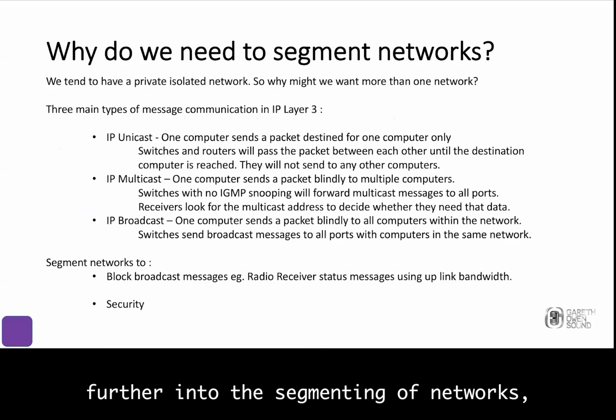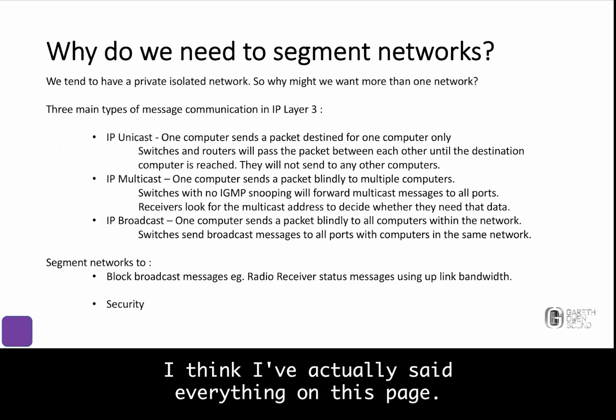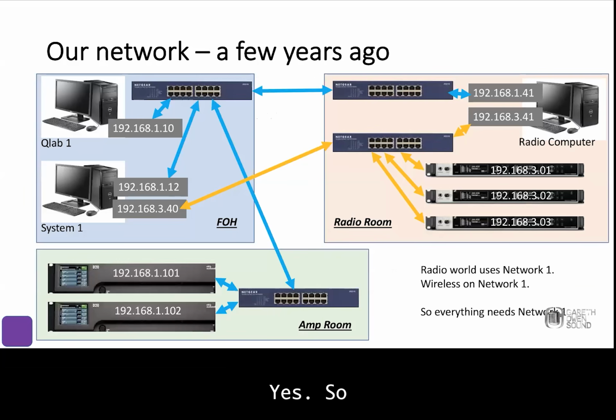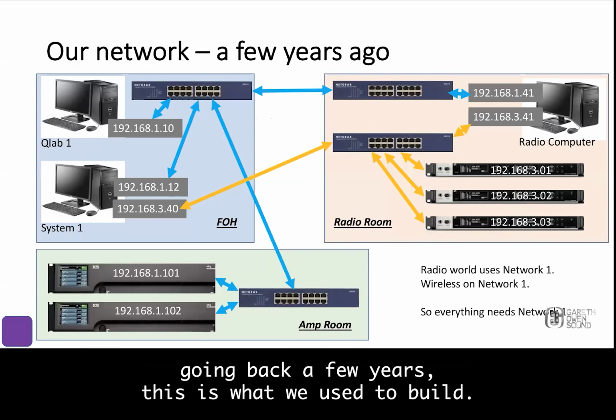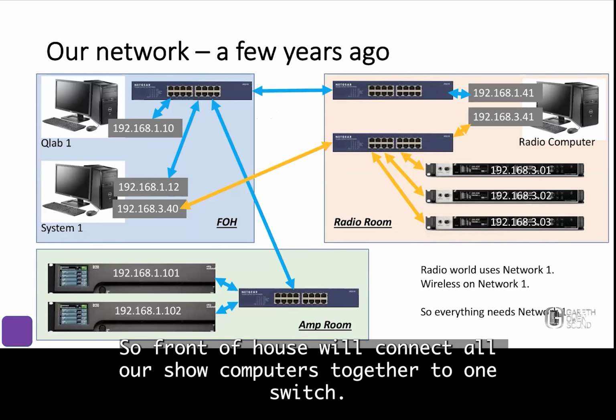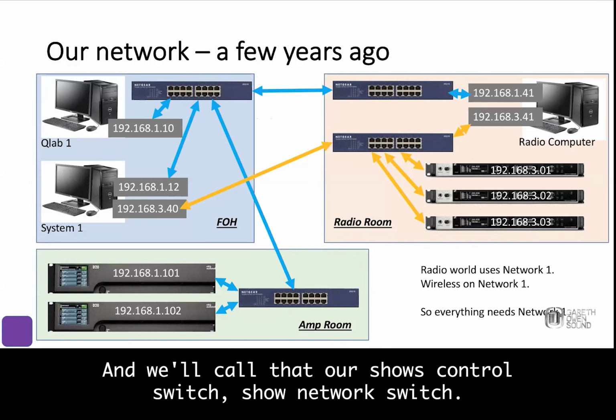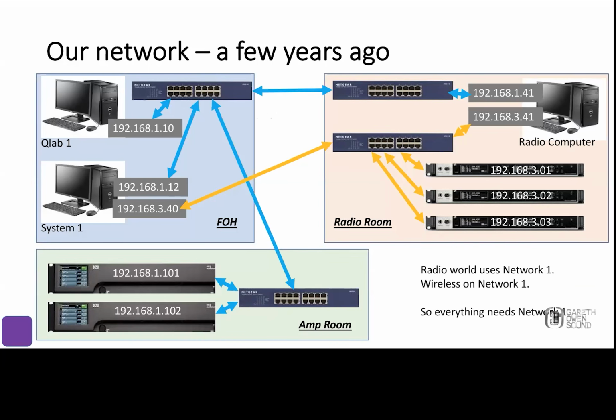Looking a bit further into the segmenting of networks, going back a few years, this is what we used to build. At front of house, we'll connect all our show computers together to one switch, and we'll call that our show control switch, show network switch.